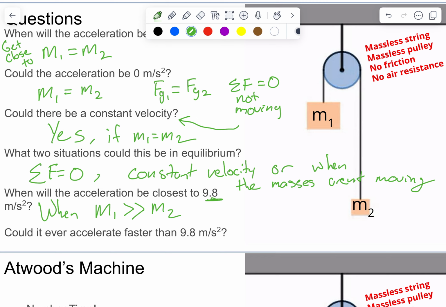Could it ever accelerate faster than 9.8 meters per second squared? That's almost like a philosophical question. Well, I guess if we were on Jupiter, but then you would fall through Jupiter's gas and die, so I don't think that's a good way to do it. I guess we could be on a heavier planet, but you'd really have to be on another planet to get that faster, or have some kind of external force pushing on it.